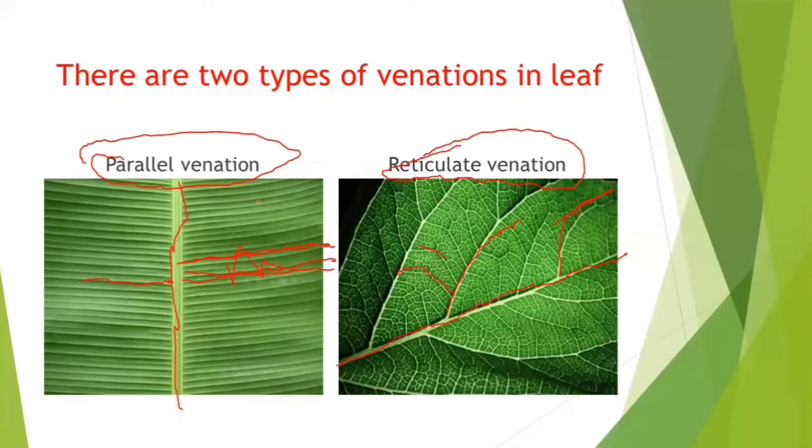Some examples of parallel venation are bananas, grass, and many more. And reticulate venation is generally what we can see in our surroundings, like in roses and normal leaves.